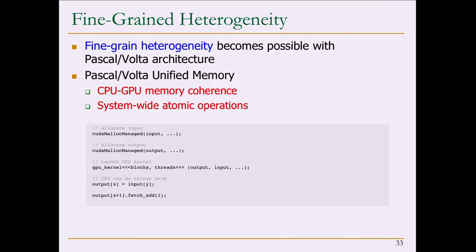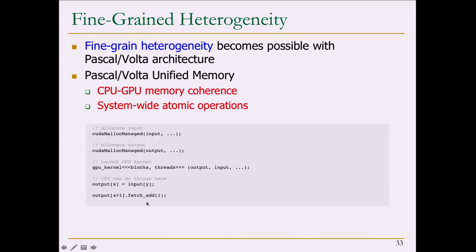So in the code in the slide, you see how the input is allocated, the output is allocated, and right after that, the GPU kernel is launched. The CPU passes to the GPU the output and input pointers. And right after that, the CPU can start using this input and output as well.